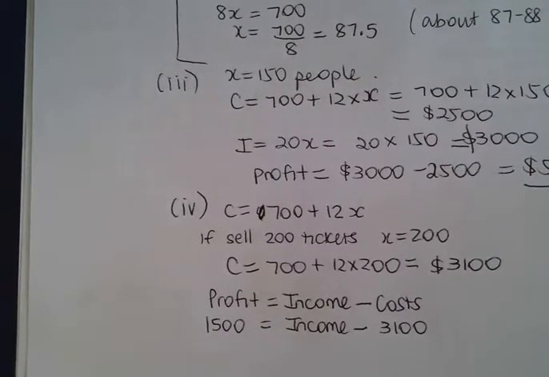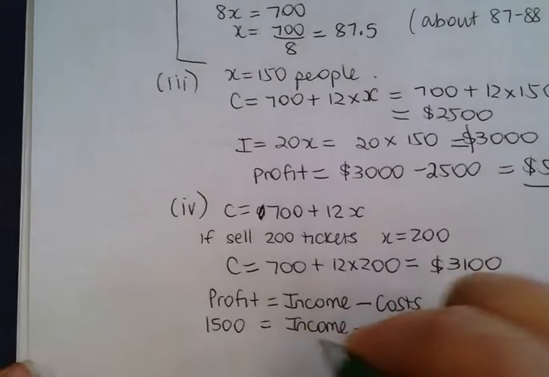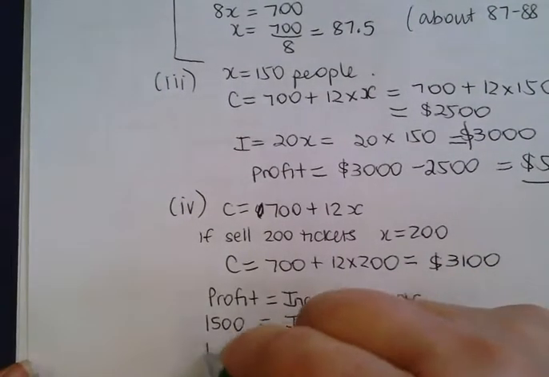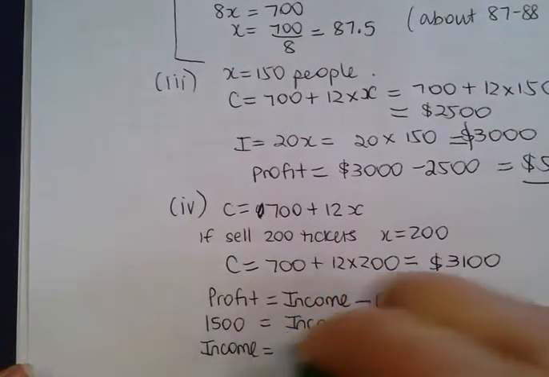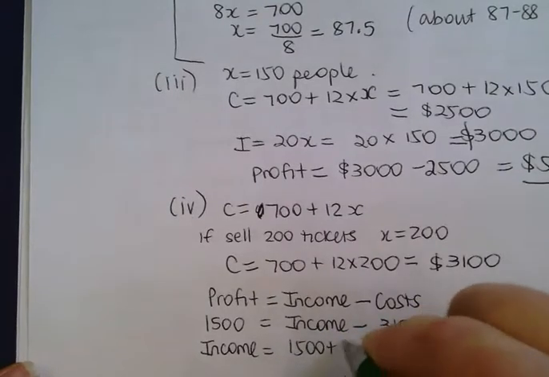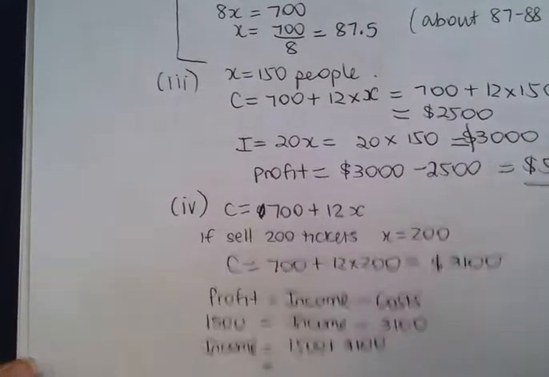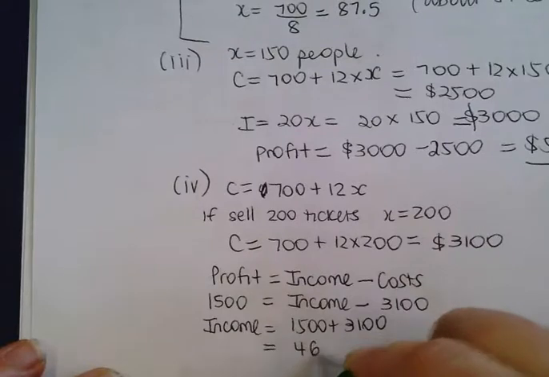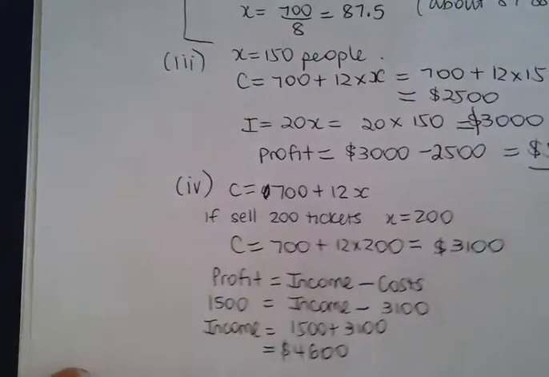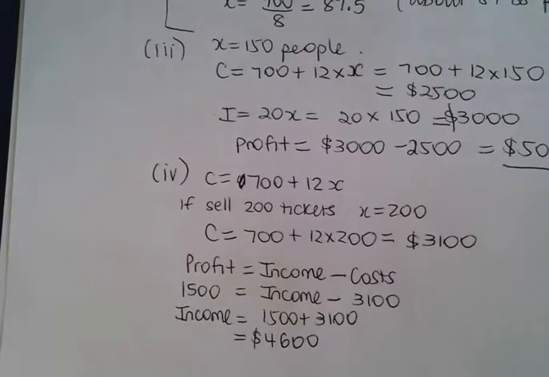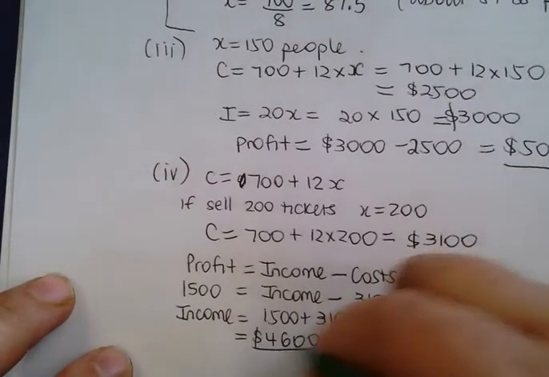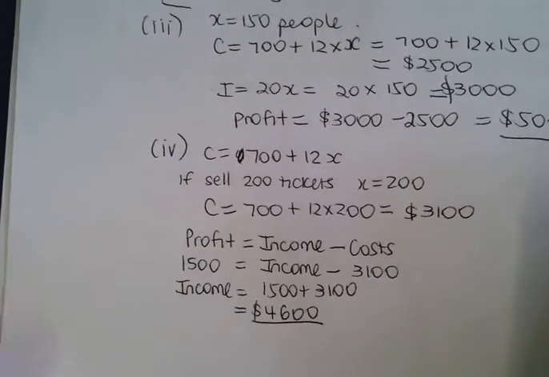Profit is always the money you take in and collect minus what it cost you to run that function. So your income is 1,500 plus 3,100, which is $4,600. They want to take in, if it cost them 3,100, and they want to make a profit of $1,500, they have to take $4,600 in at the door.